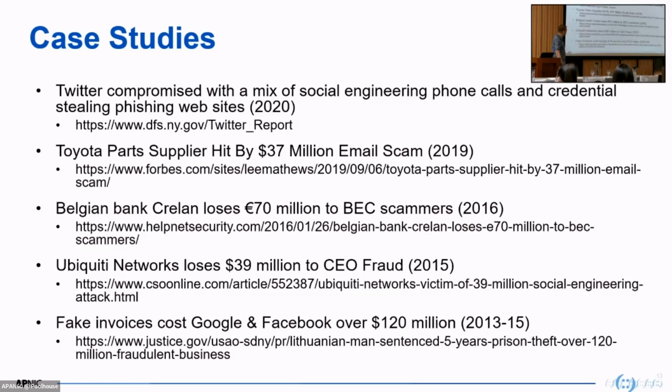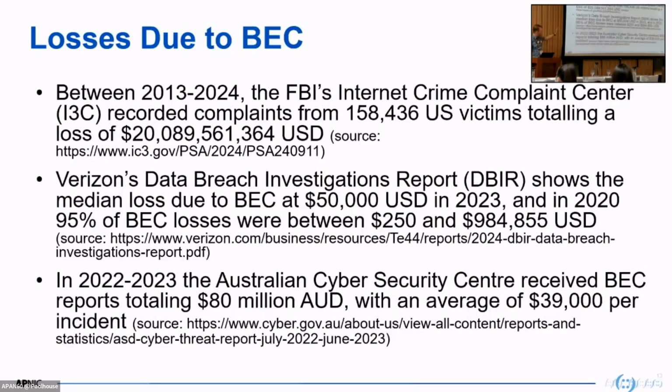That's incredible. Huge money. And of course, the ones that I had up there before, FBI is saying that for the 11-year period from 2013 to 2024, the losses were from 158,000 US victims and a total of $20 billion US. For Verizon's data breach investigation report, the median loss for business email compromise is $50,000.